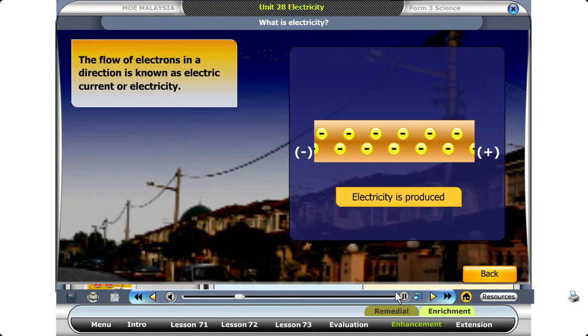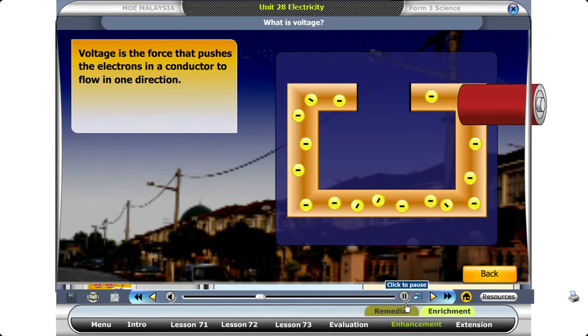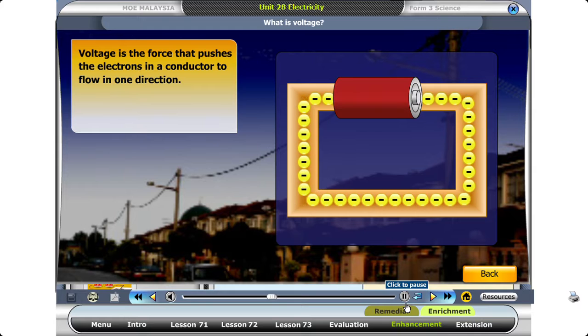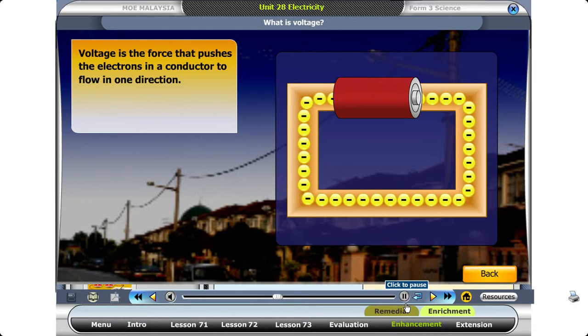The flow of electrons in a direction is known as electric current or electricity. Voltage is the force that pushes the electrons in a conductor to flow in one direction.